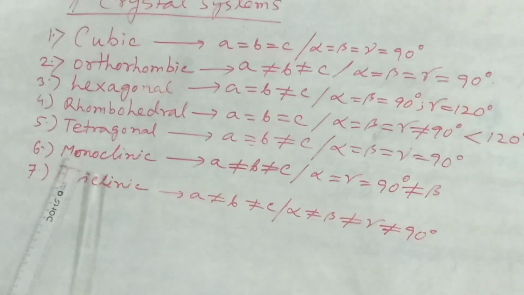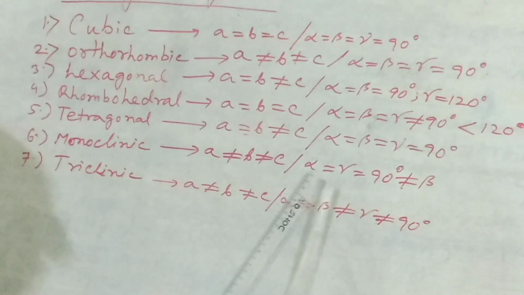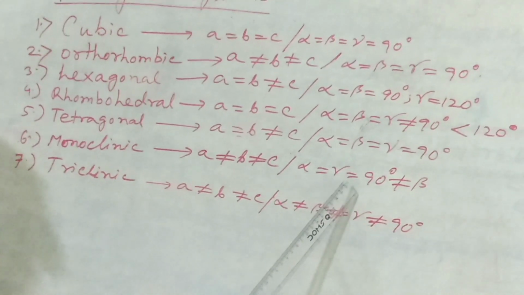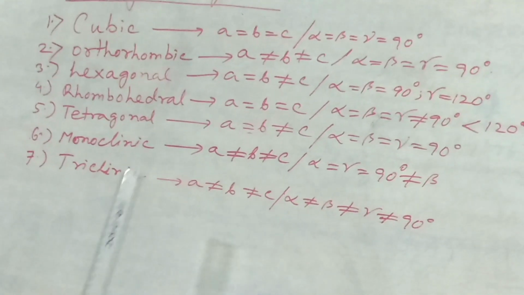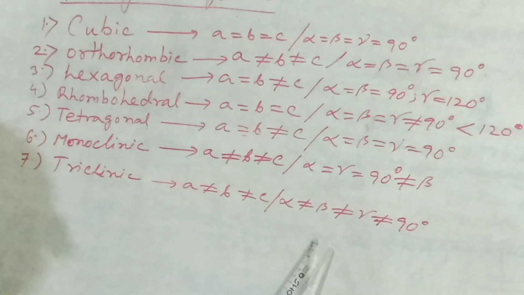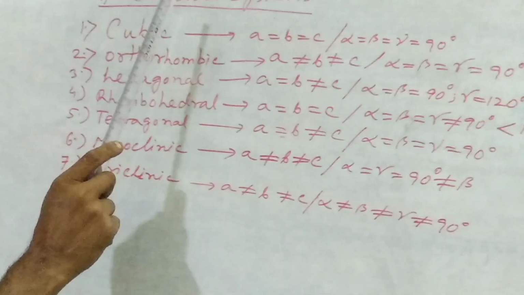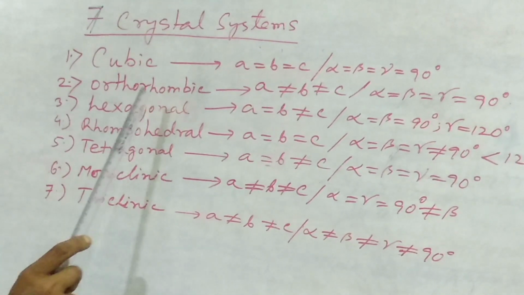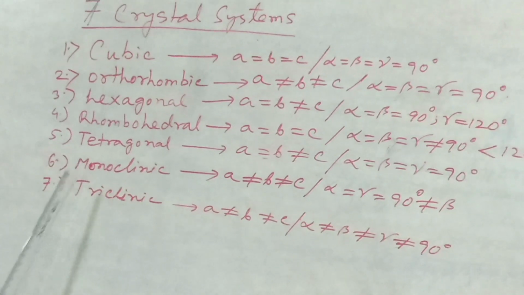For monoclinic, all the edge lengths are unequal and 2 angles alpha and gamma are equal to 90 degree and beta not equal to 90 degree. And for triclinic, nothing is equal, edge lengths are unequal and all angles are unequal and they are not equal to 90 degree also. So there are 7 crystal systems: cubic, orthorhombic, hexagonal, rhombohedral, tetragonal, monoclinic, and triclinic.